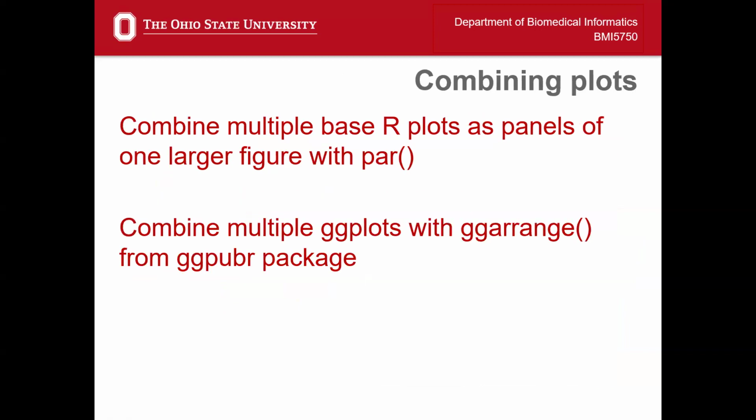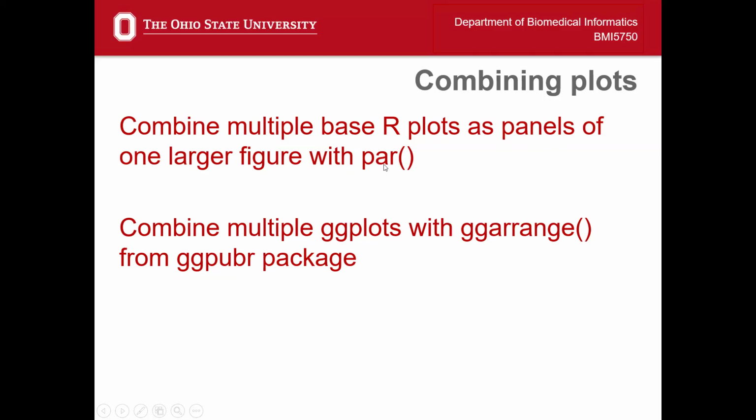Now, we've talked about making plots, but our ultimate goal is to take these plots and publish them or share them with our collaborators. There are ways of combining plots into one figure. If you're using base R, you can have them as panels of one larger figure with the par command.